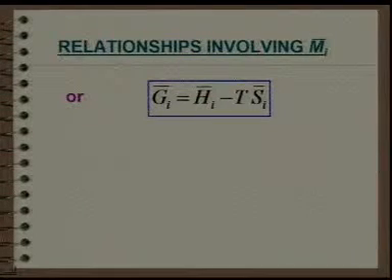Clear? Now, take another property, say H is equal to U plus PV, and see what you get. What do you think we will get? Have a look at that equation. H equal to U plus PV, that is the definition of enthalpy for a multi-component system.